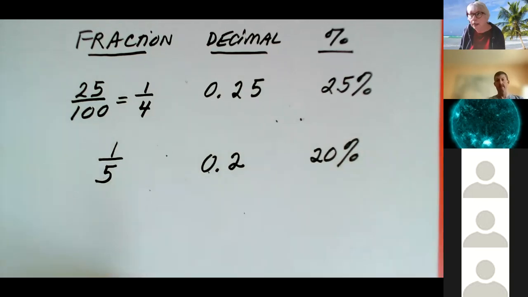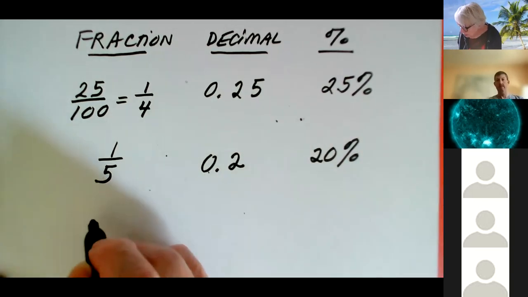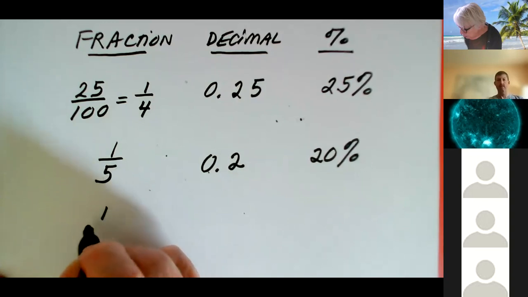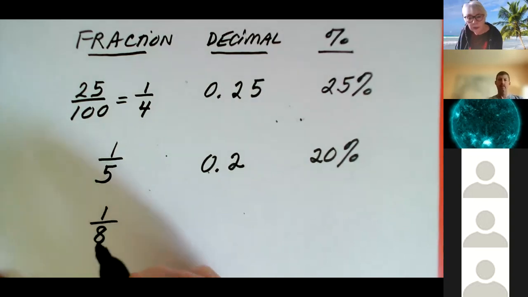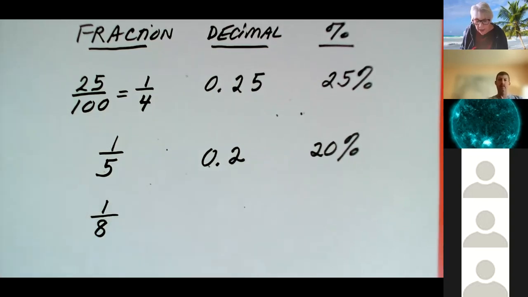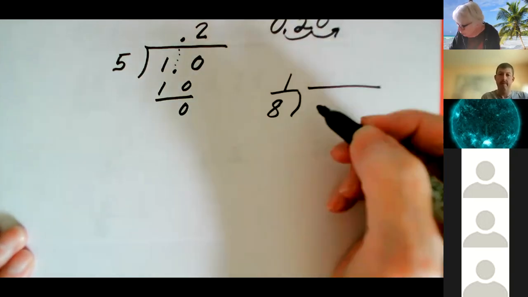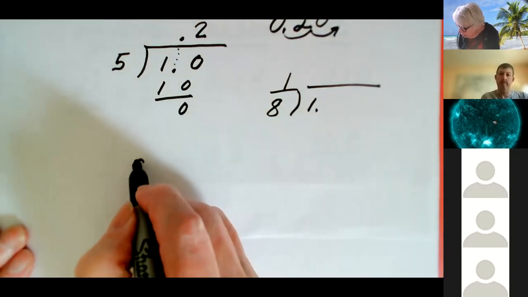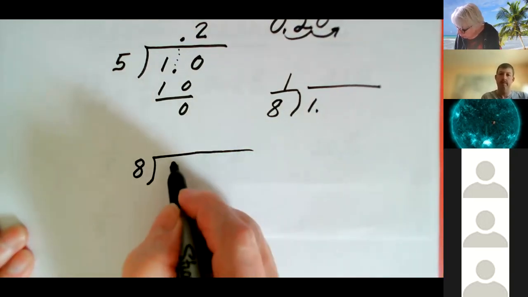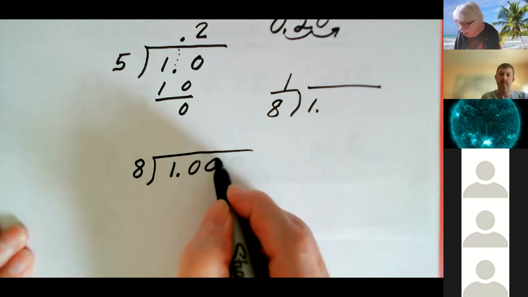Let's try another one. Let me think. 1/8, starting this way. So back to 1/8. The 1 goes here. So it's 8 into 1, and I'm going to add a couple zeros.